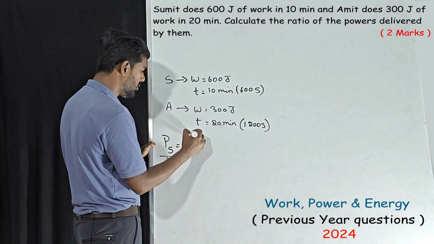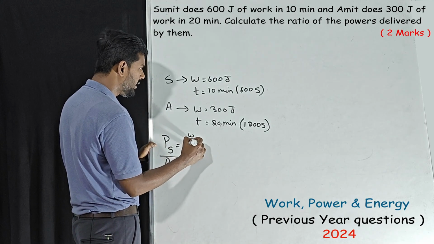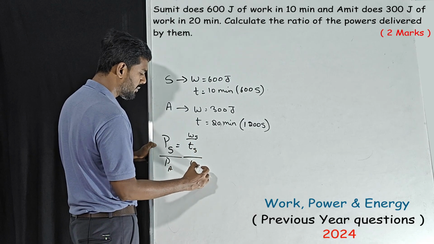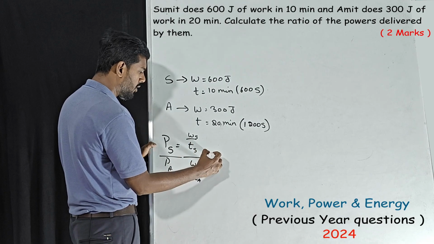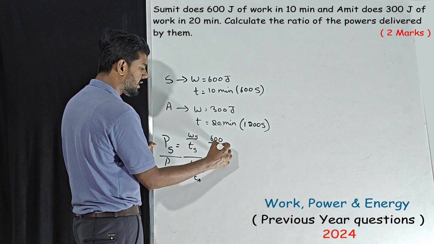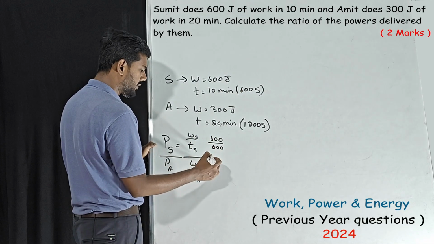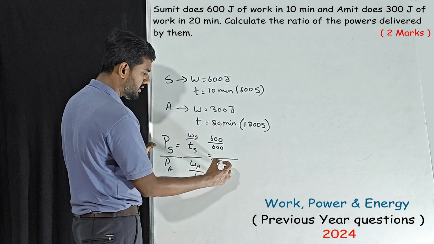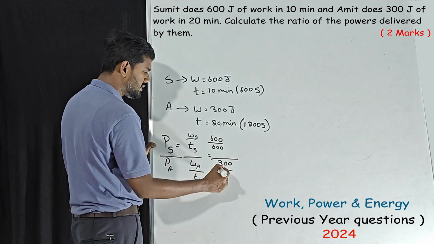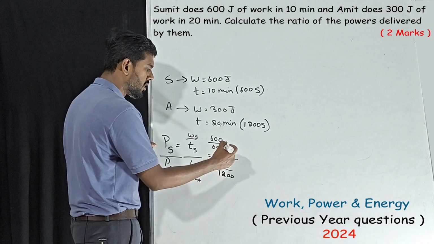So power of Samit is work done by time taken by Samit, and here work done by time taken by Amit. What is the work done by Samit? That is 600 by 600, time is 600. Then here work done by Amit is 300 divided by time, that is 1200.